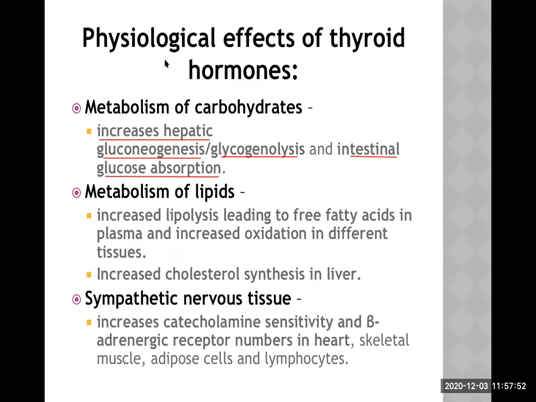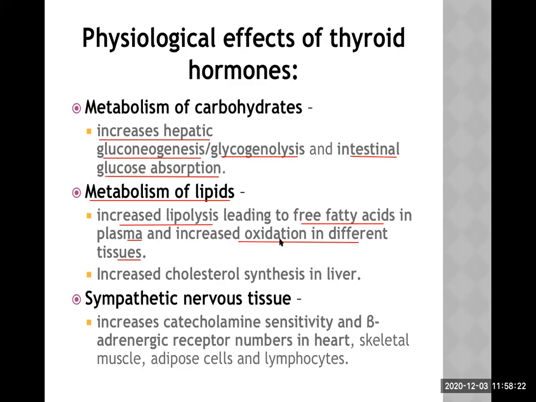Now, what happens to the protein or the lipid metabolism? Protein metabolism, we already talked about. They break down some of the proteins from the muscle. So especially in case of hyperthyroidism, the muscle becomes a bit weaker. But regarding the lipid, it increases lipolysis, which leads to free fatty acid in plasma and increased fatty acid oxidation in different tissue.